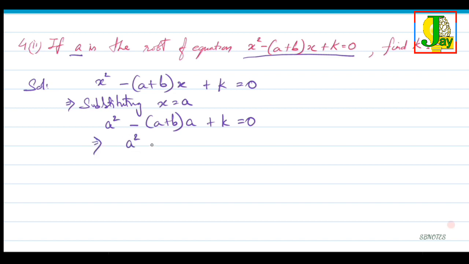So we get a² minus a²; if you multiply and open the bracket, we get minus ab plus k equals 0. Those two terms get cancelled and this term we take to the other side. So k equals minus ab becomes plus ab. This is the value of k in terms of ab. Understood?